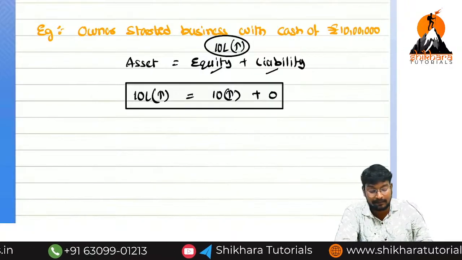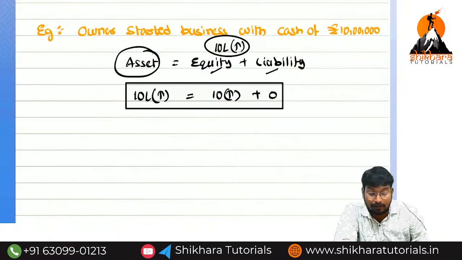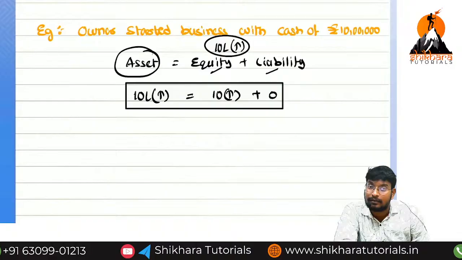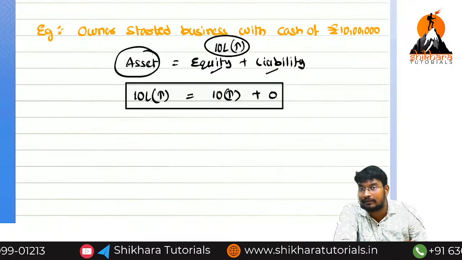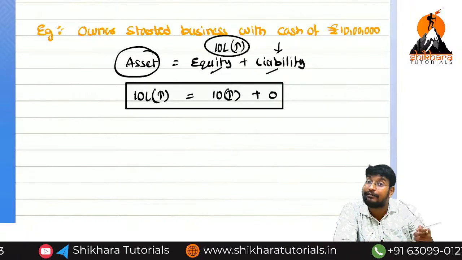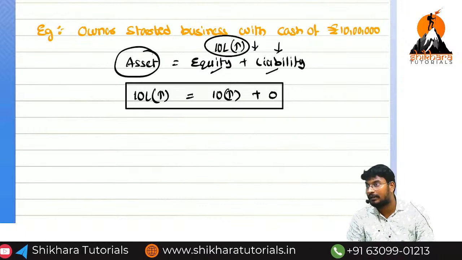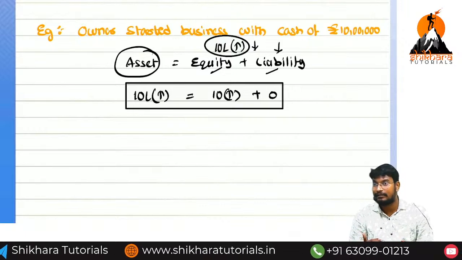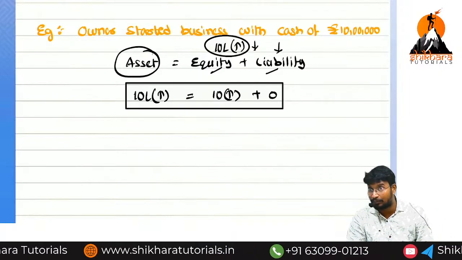Increase. So here there is no change in the asset. Now what should happen? Either equity should increase or decrease. Already equity increased. Now liability should decrease, or another equity should decrease. One of the two must happen. Understood? Same side means decrease. Opposite side means increase. Are you getting the point or not?